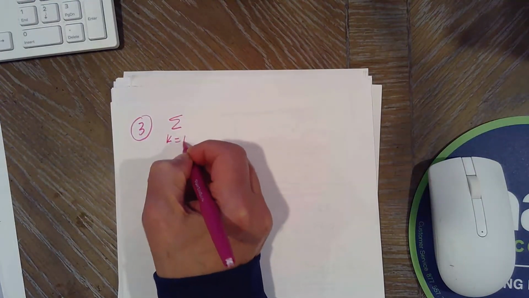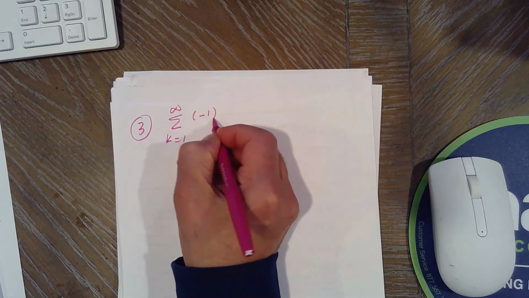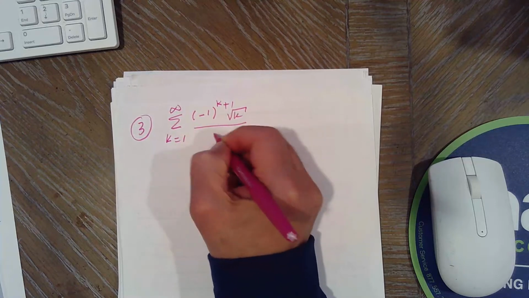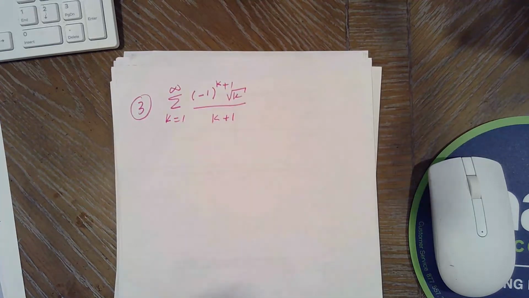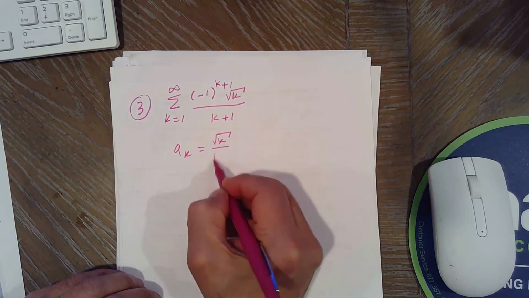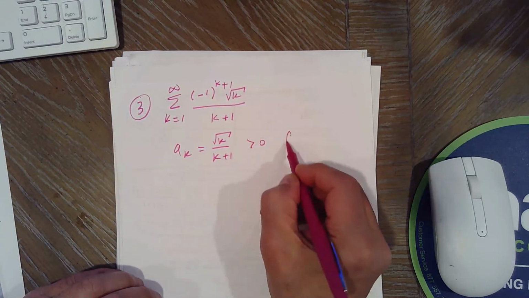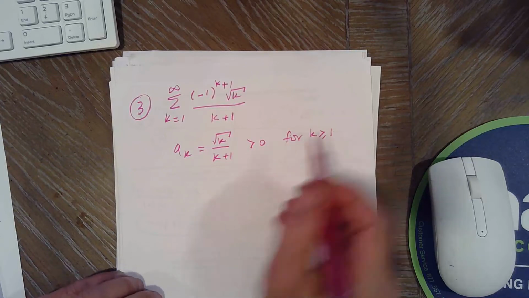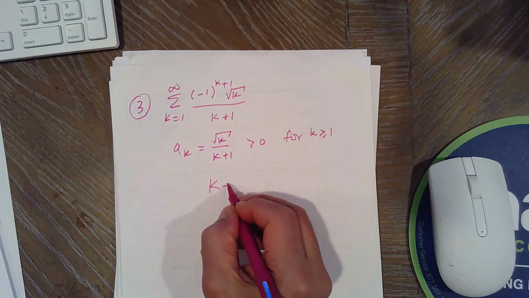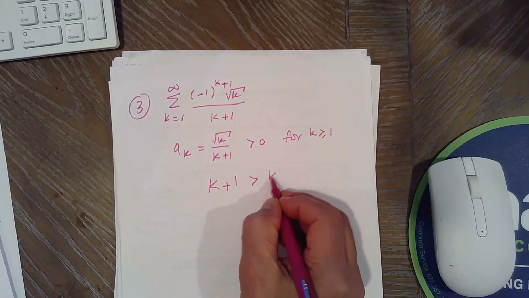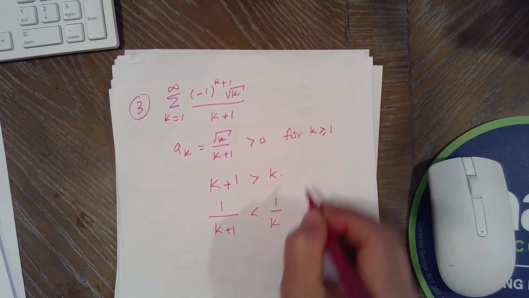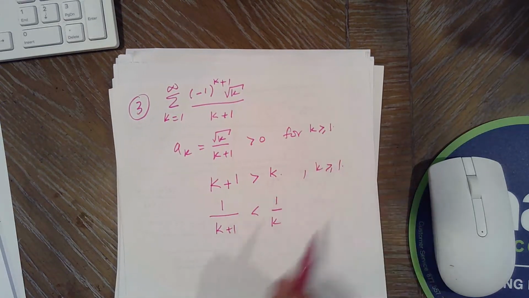Sigma k equals 1 to infinity, negative 1 to the k plus 1, square root of k over k plus 1. Well, the ak or an is root k over k plus 1, which is positive for k greater or equal to 1. It's decreasing because k plus 1 is actually greater than k, so 1 over k plus 1 is less than 1 over k, for k greater or equal to 1.